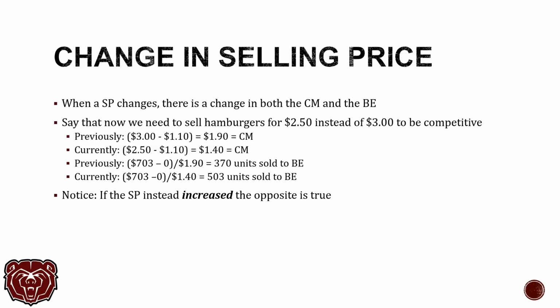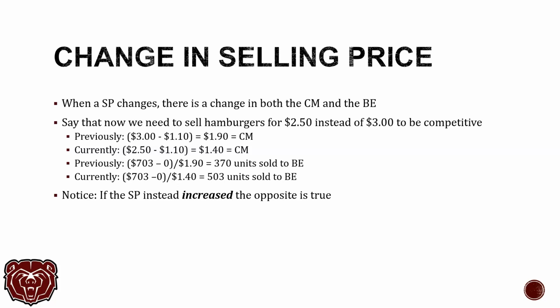So our previous contribution margin was $1.90, that $3 selling price less the $1.10 variable cost. If we decrease our selling price to $2.50, now our contribution margin is only $1.40. This means we only have $1.40 that is available to be contributed to the fixed costs.